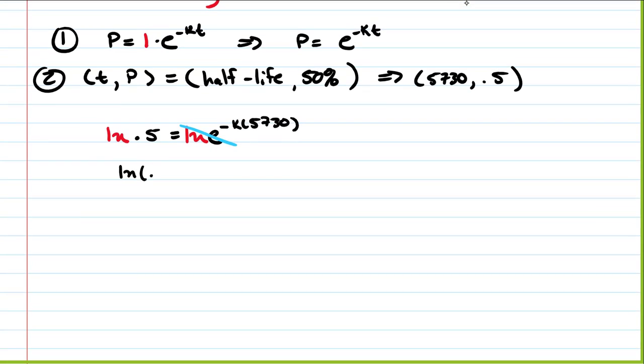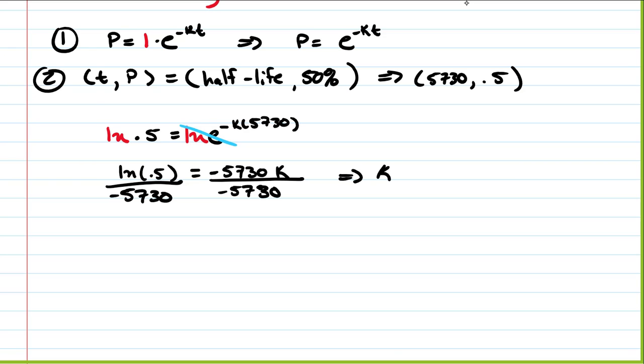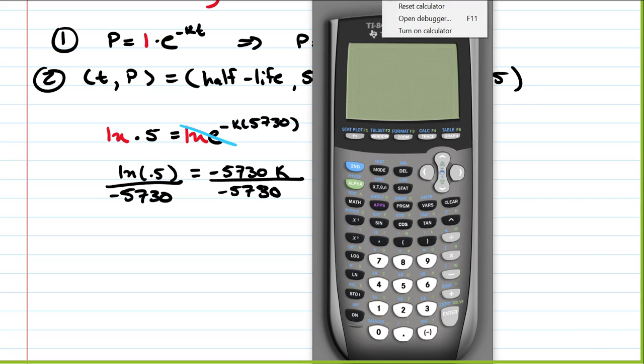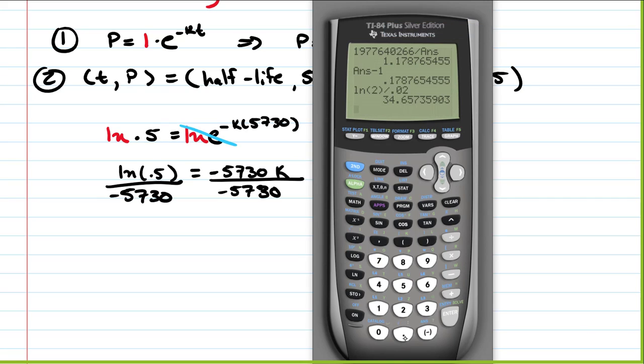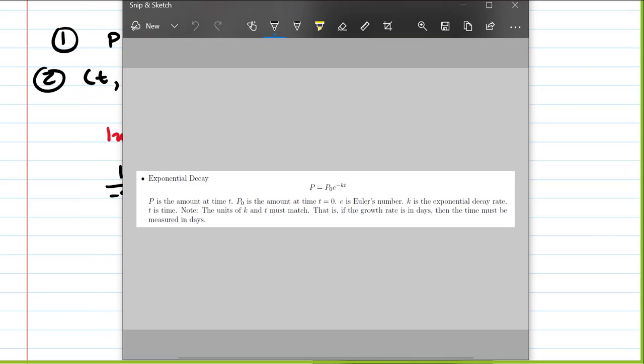So we have the natural logarithm of 0.5 is equal to negative 5,730 times k. And we divide by negative 5,730. And this gives us our value of k. So we feed that to our calculator. And we have the natural logarithm of 0.5 divided by negative 5,730. And we get the following number.